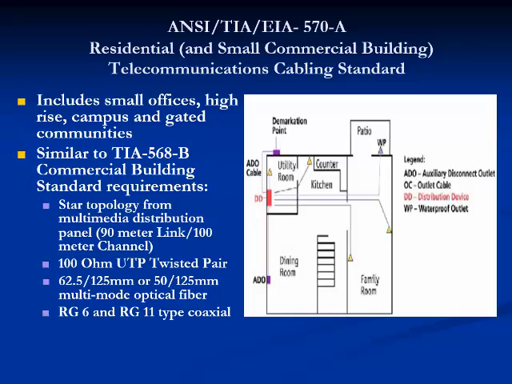Similar to 568B, commercial building standard requirements, it requires that a star topology for a multimedia distribution panel be used, and it should have a 90-meter link and a 100-meter channel, that it uses 100-ohm UTP twisted pair copper cabling, and you can also use a 62.5/125 micron or 50/125 micron multimode optical fiber, and that you use RG6 and RG11 type coax cabling.